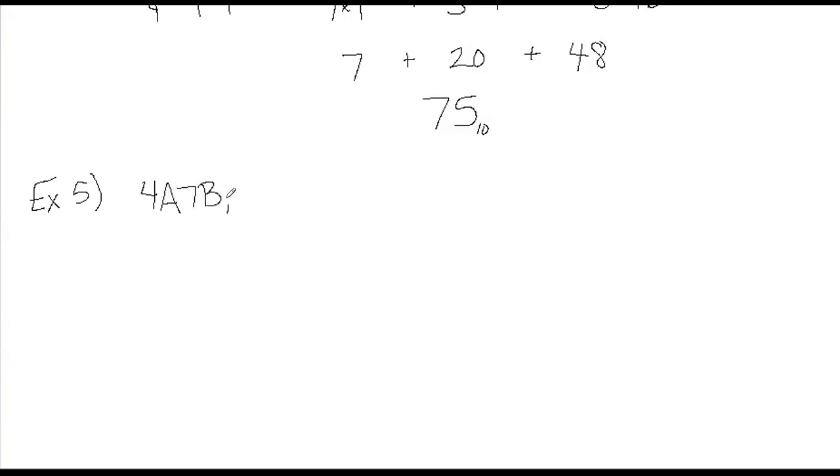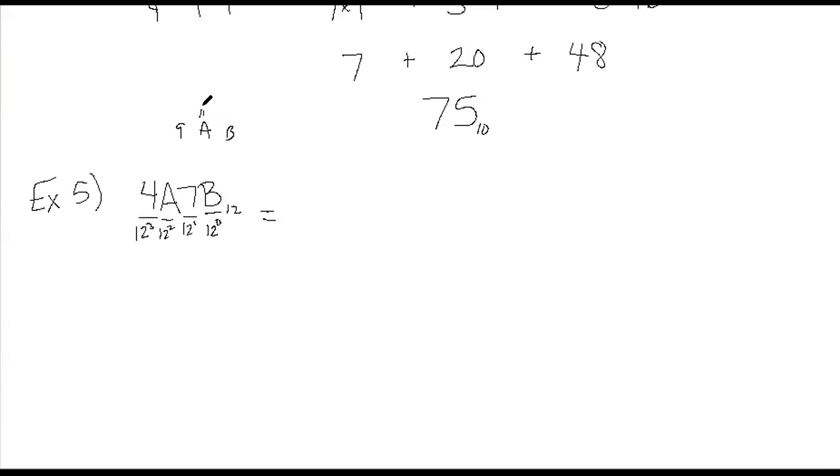Okay, this one is in base 12. So if you want to, writing out the place value, this is 12 to the 0, this is 12 to the first power, 12 to the second power, and 12 to the third power, which gets to be a really big number. All right, so as we start to convert it, remember that A comes after 9, so we have 9AB.